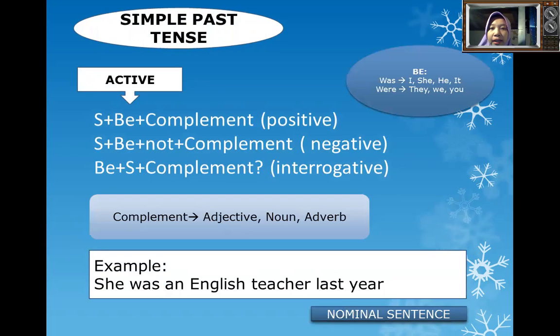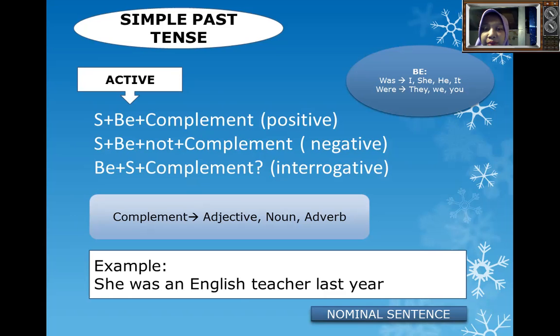Okay, let's see the nominal sentence for simple past tense. For be, please remember that there are only two kinds of be in the past for simple past tense, was and were. Was for I, she, he, it, while were for they, we, you. Look at this example: She was an English teacher last year.